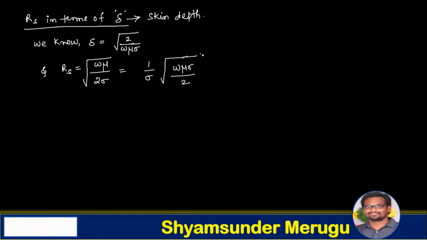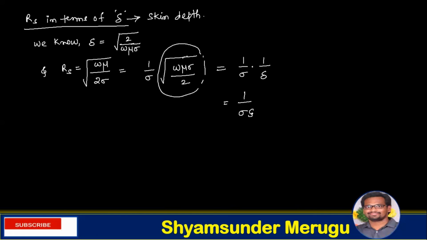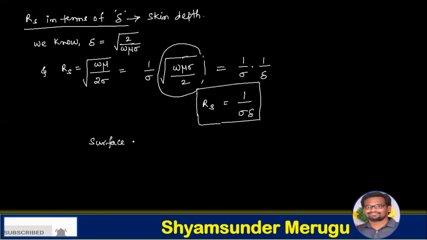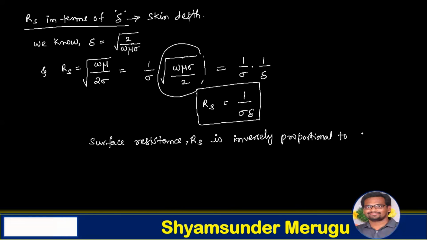If we observe this expression, it is the reciprocal of the skin depth. So we can write 1 over sigma into 1 over delta, which equals 1 over sigma delta, which is equivalent to Rs. So from this expression, we can also say that the surface resistance Rs is inversely proportional to skin depth.